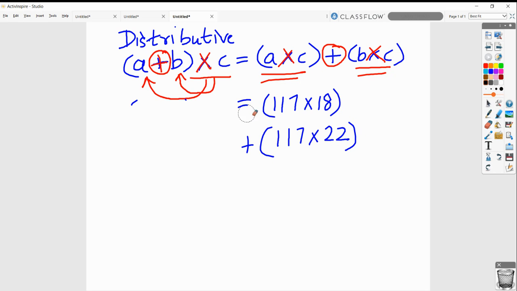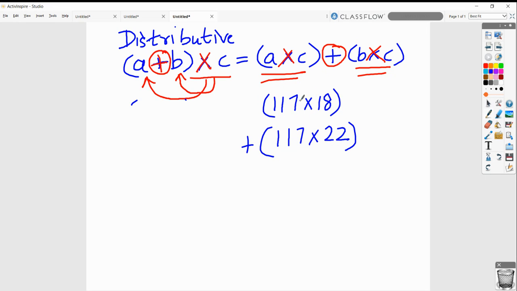When you have to do such a thing, just think and see how difficult the operation is going to be, like the multiplication and all. But if I use the distributive property, I can see that this 117 and 117 is the same, like the C. It has got distributed.